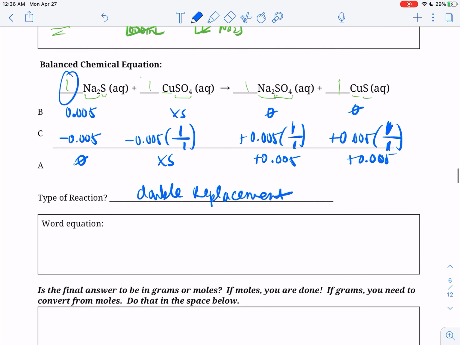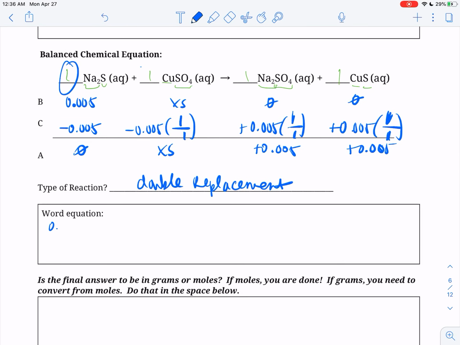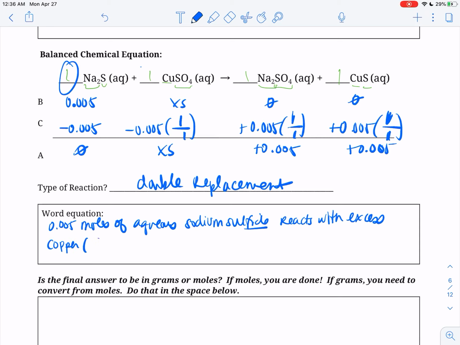And my word equation: 0.005 moles of aqueous, look at that, I remembered this time, sodium sulfide, watch the ending, reacts with excess copper sulfate.